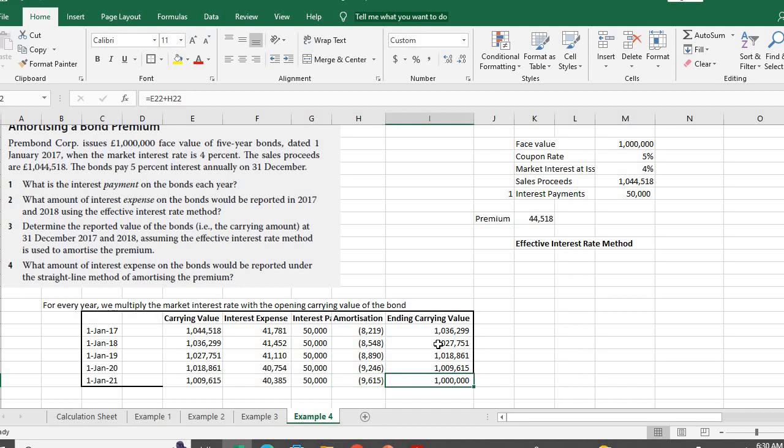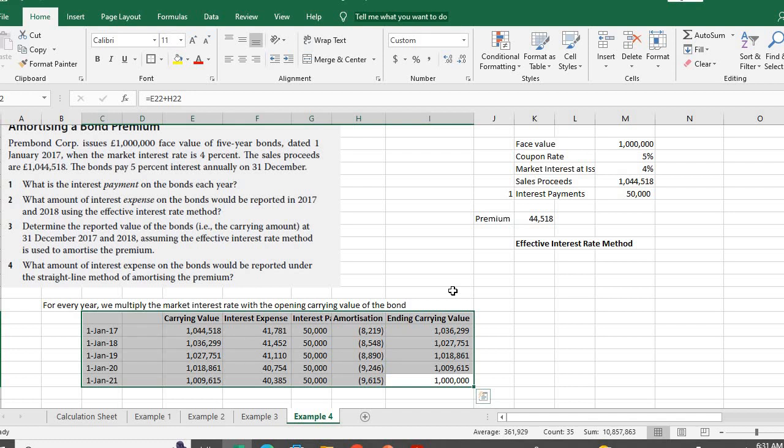So interest expense for a premium bond is actually lower than the interest payment that we have to make on this bond. So we have seen how a bond issued at a discount and how a bond issued at a premium are amortized using the effective interest rate method.